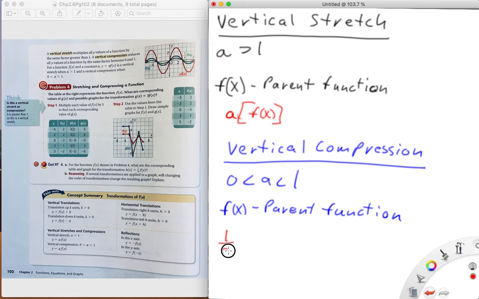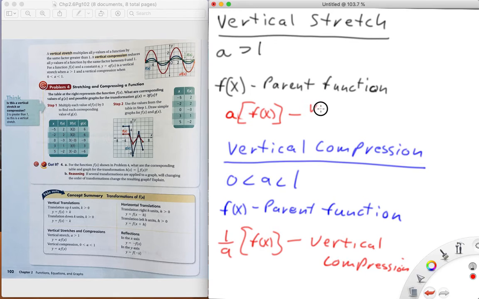It would be a fraction. Okay, so that's vertical compression, meaning it shrinks. And this is vertical stretch.